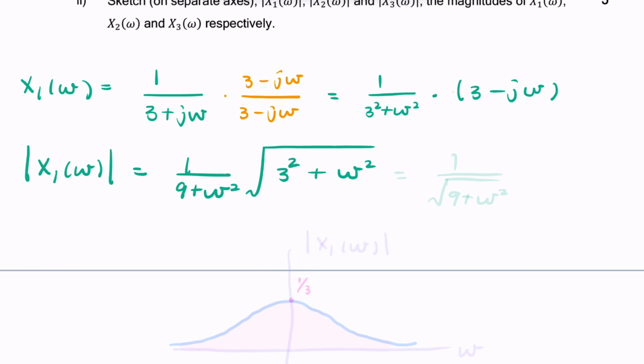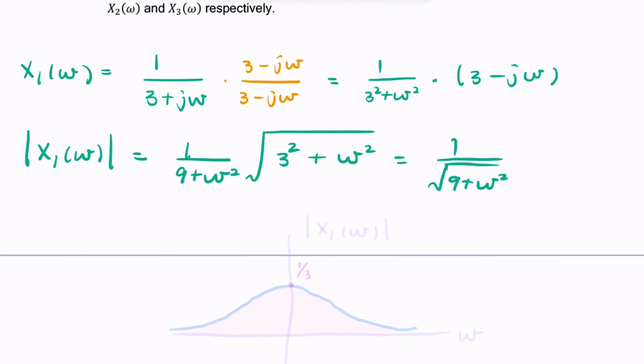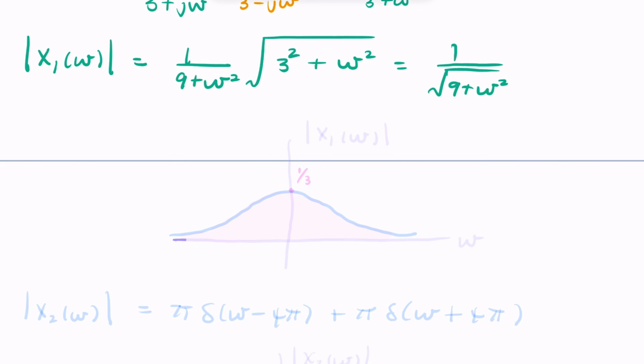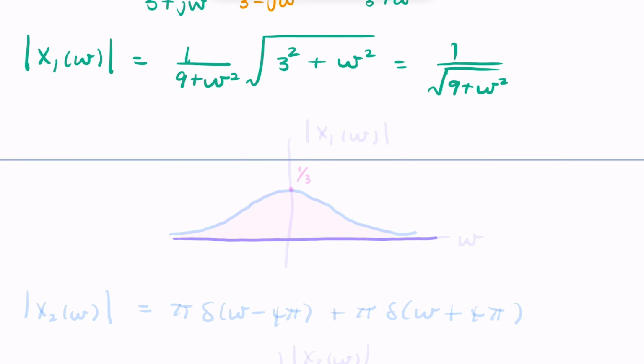And that will give us 1 over the square root of 9 plus omega squared. So that's the magnitude of x1. And if we wanted to sketch that against omega, then it would look something like that.